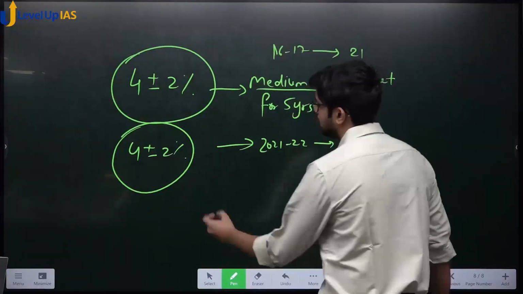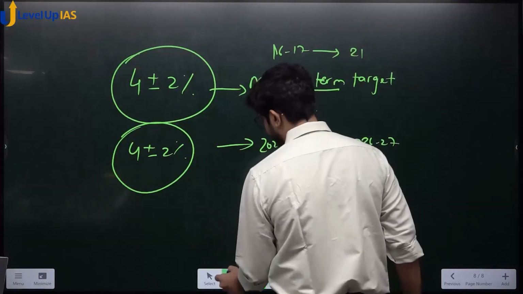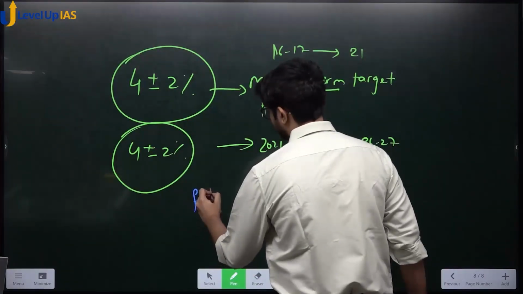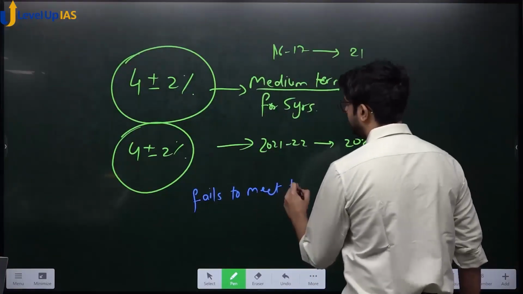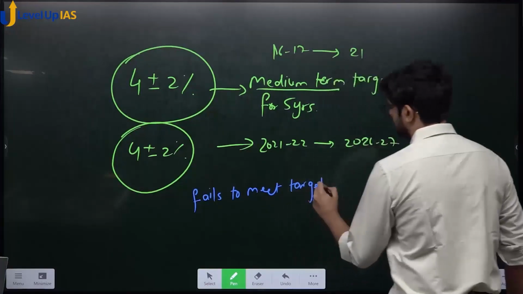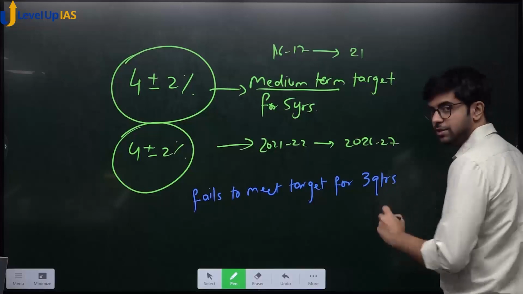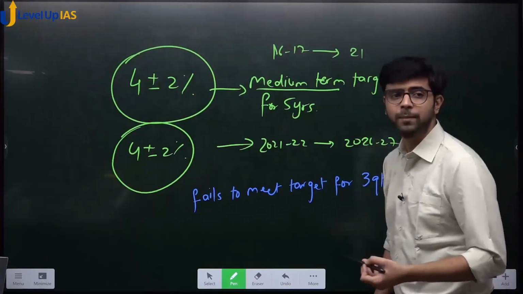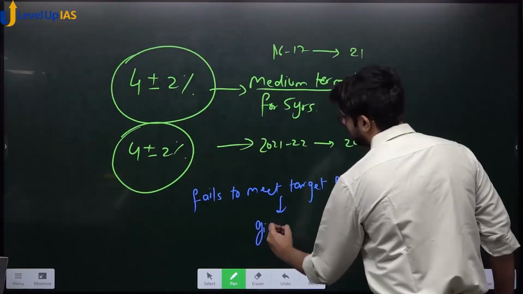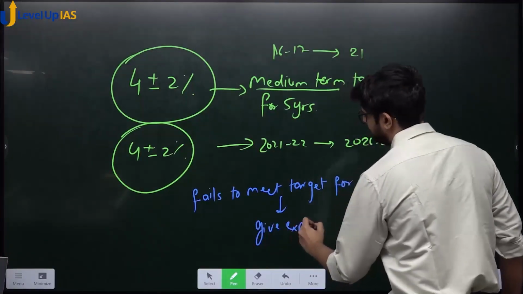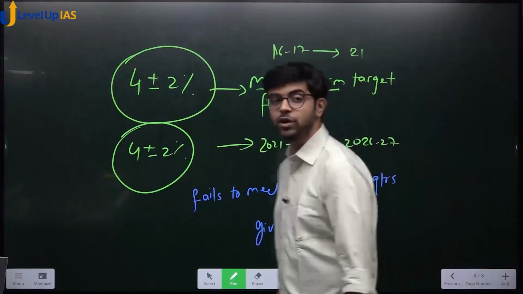If RBI fails to meet the target for 3 quarters continuously, then what will happen? What earthquake will happen? Nothing. It will simply have to give an explanation. What else can they do, what else can happen, it will have to give an explanation.